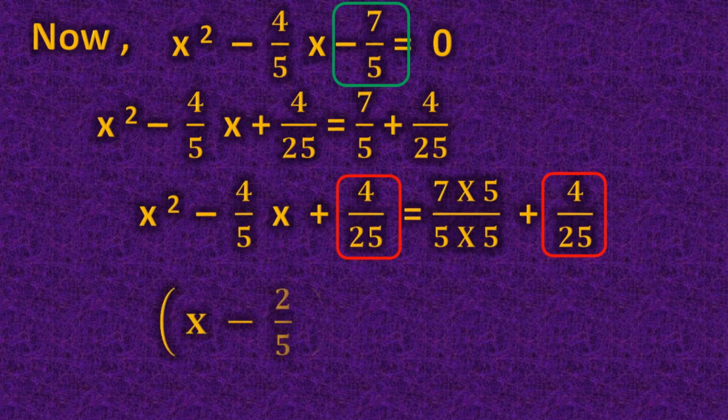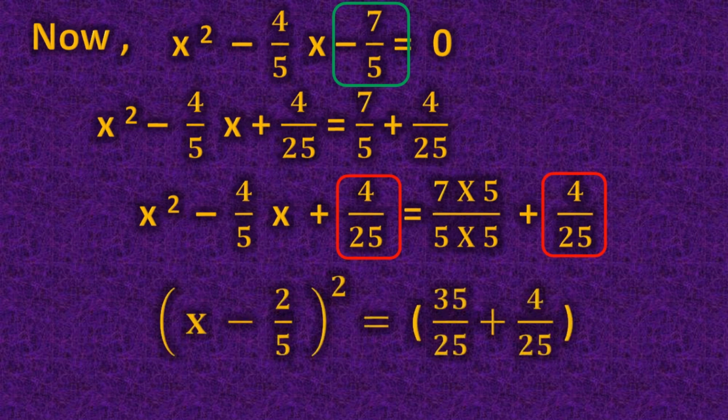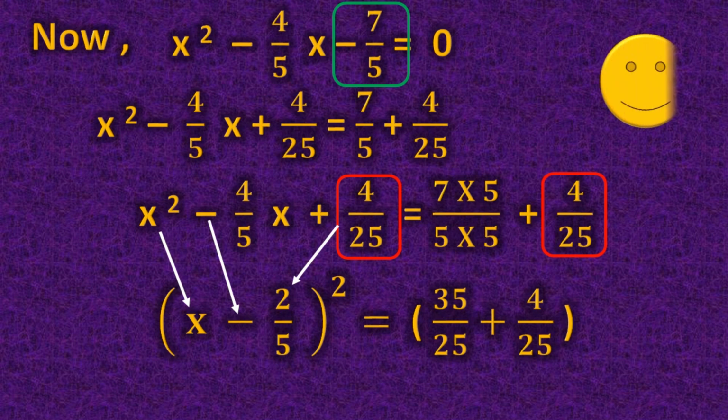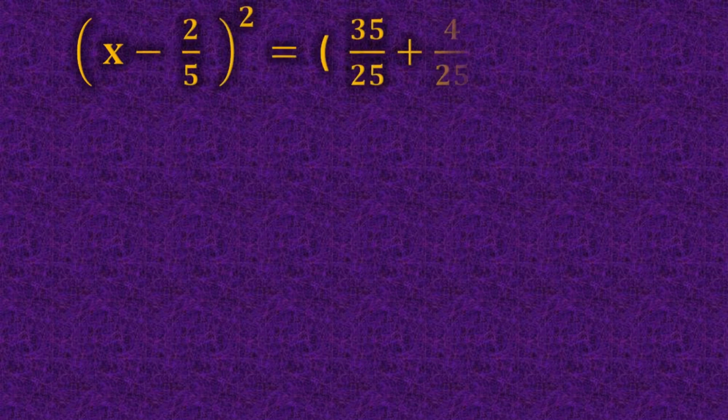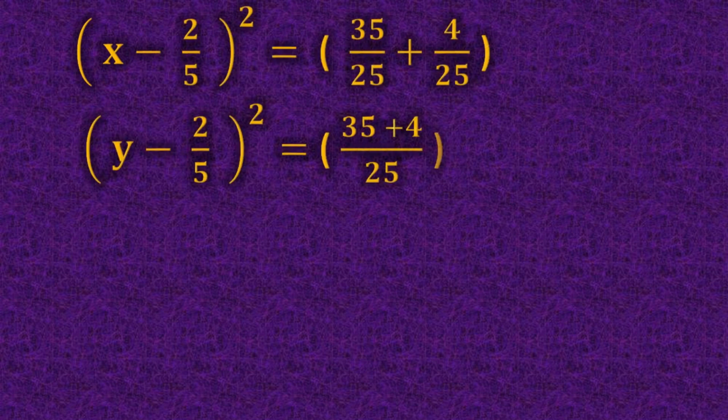And here, student, 7 upon 5 is multiplied and divided by 5. Now the square root of x square is x, the middle sign is minus, and the square root of 4 upon 25 is 2 upon 5. On the other side, the base 25 became common on both, so we take base 25 common, and it will become 35 plus 4 upon 25.